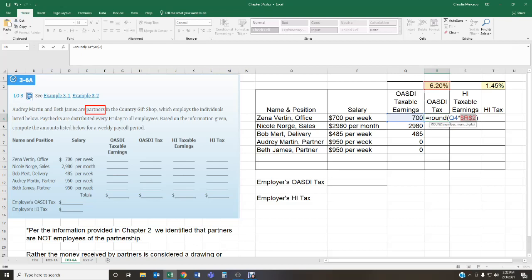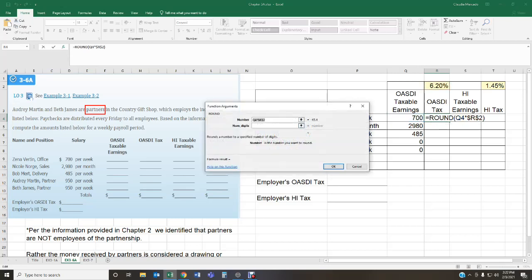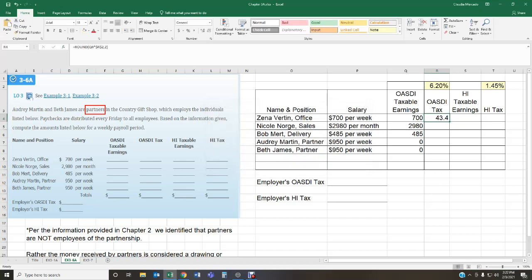And then I'm going to go back to the formula bar in the top left corner and click the formula bar, and then say how many digits I want to round. I want to round to 2 digits. Then I'm going to do OK. That gives me 43.40. Once I'm done there, my formula is equal round.